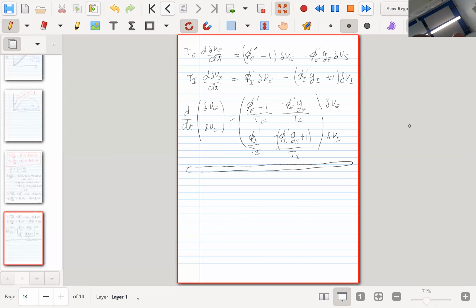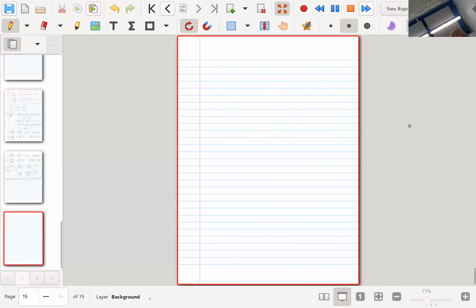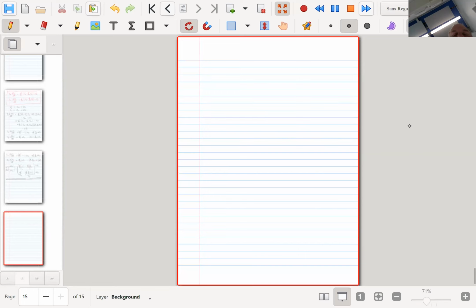Actually, I'm going to go to another page. I'm just going to write the matrix equation, tau dx dt. So this is a math aside. I'll start this and you guys see if you know this. Equals A dot x.